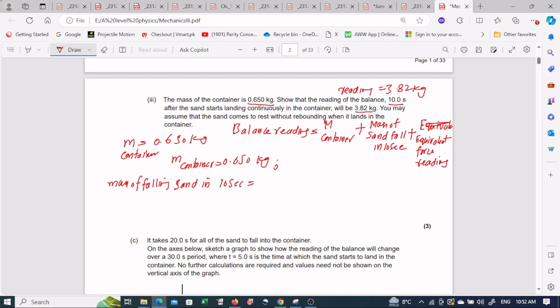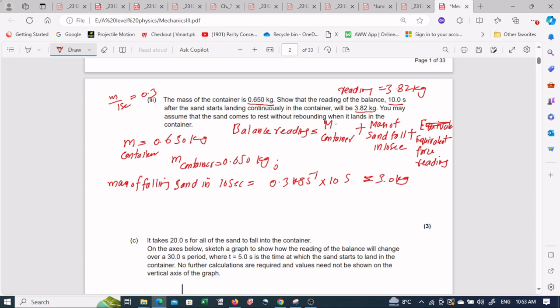In 1 second the mass per second is 0.3 kilogram per second, so how much in 10 seconds? We multiply by the total time, 10. The seconds cancel, so 0.3 times 10 is 3.0 kilogram. So in 10 seconds, a total of 3 kilogram of sand has fallen.